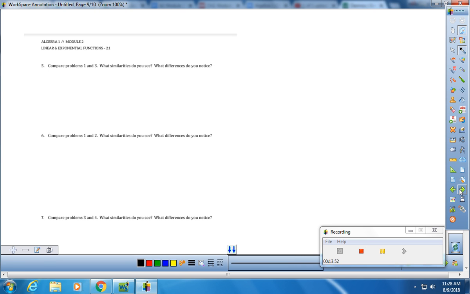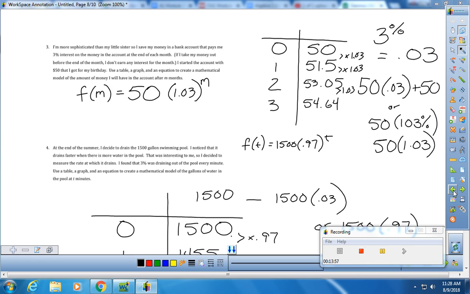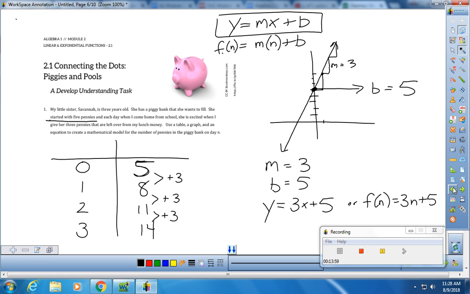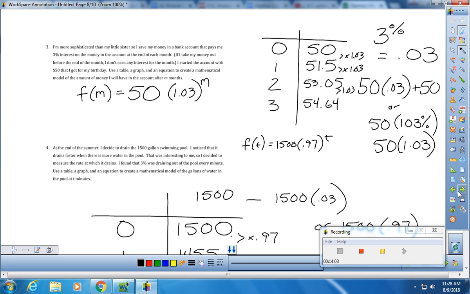Okay, let's see if we got anything else. All right, compare problems 1 and 3. What similarities did you see? Well, they both involve saving. They both involved growth. They were both increasing.